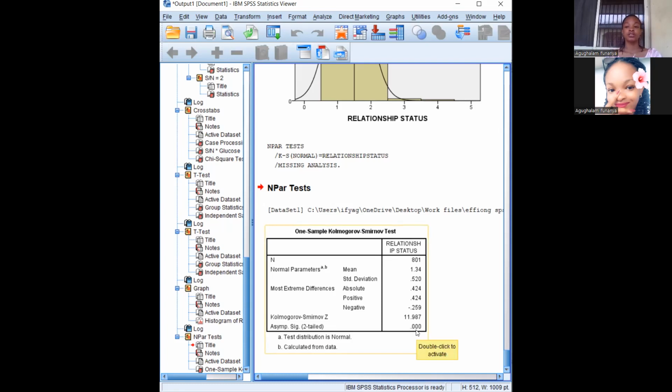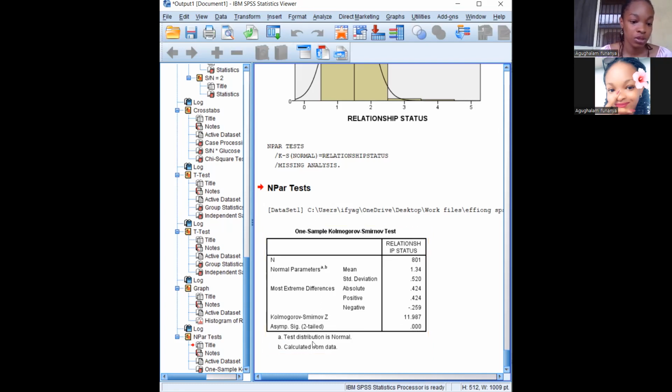Since this is less than 0.005, we can say that the deviation from a normal distribution is high. And since the deviation is high, our probability will be low. That means there is a less likely chance that this sample was drawn from a normal distribution.